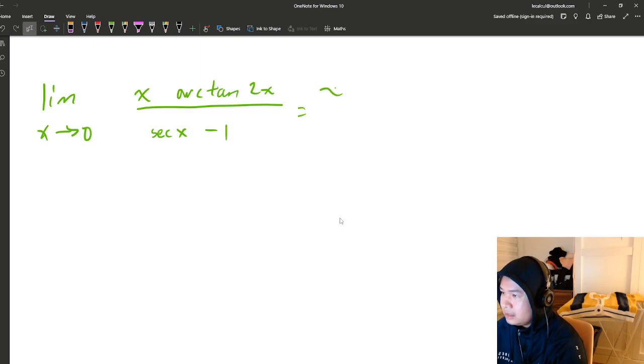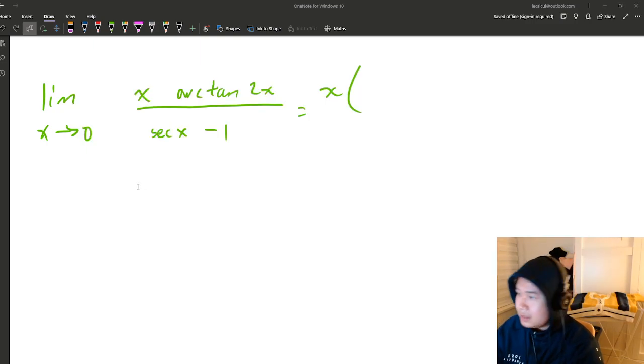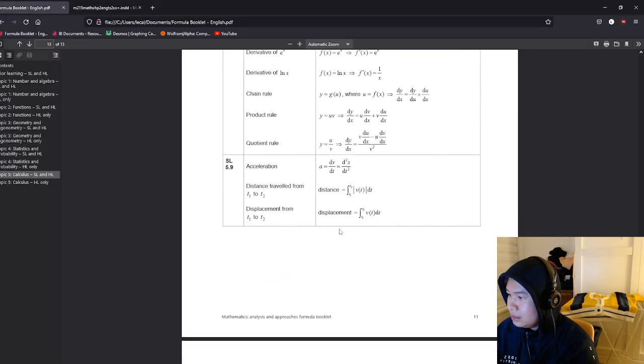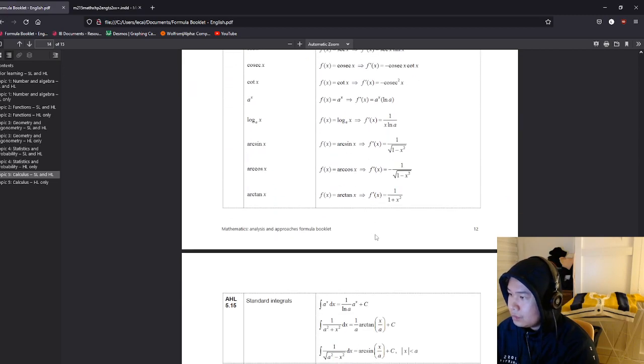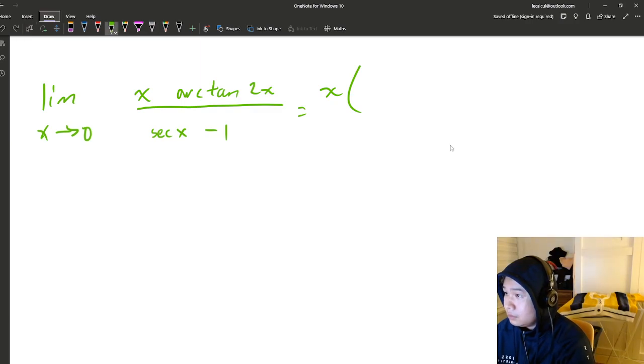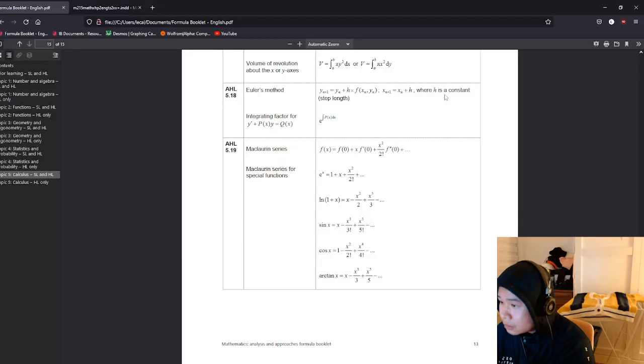Okay, so this is going to be x times the Maclaurin series of arctan, which again is in your formula booklet. Right there. So my x is going to be, well, 2x in the question, so I'll have 2x plus 2x to the power 3 over 3.